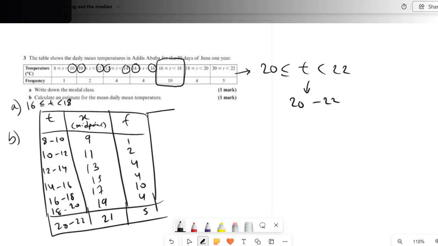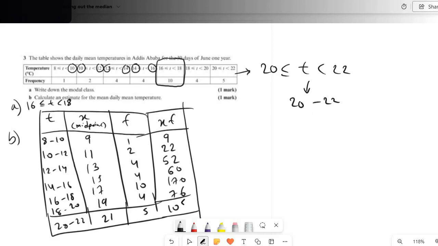We can multiply the corresponding X with their corresponding values of F. So this will be the column of XF. So this will be 9, 22, 52, 60, 170, 76, and 105.